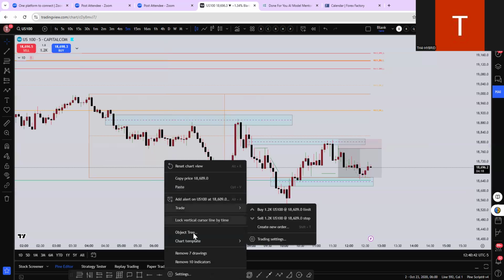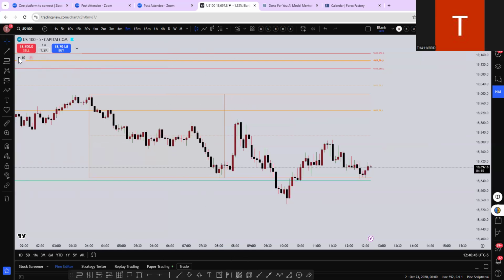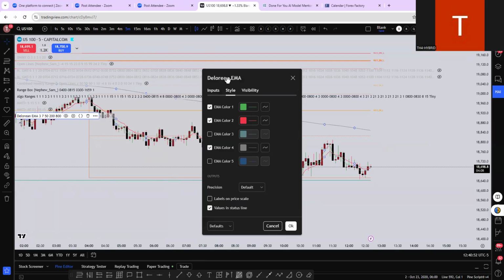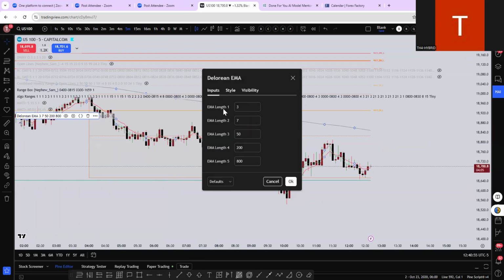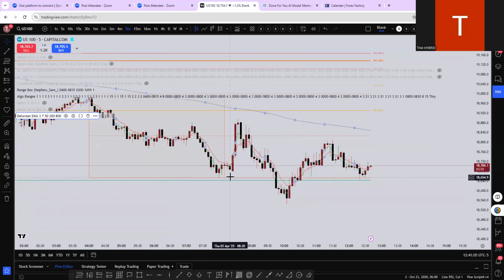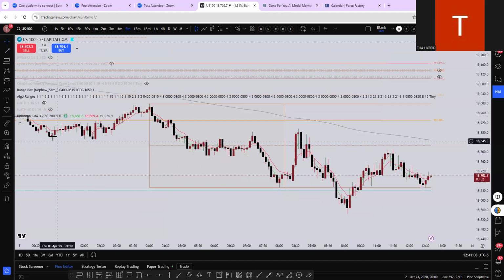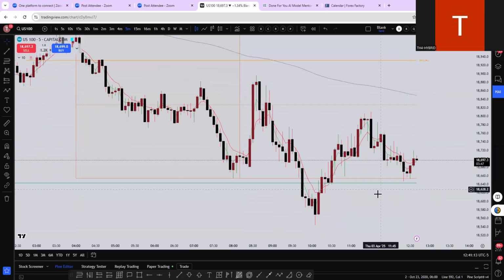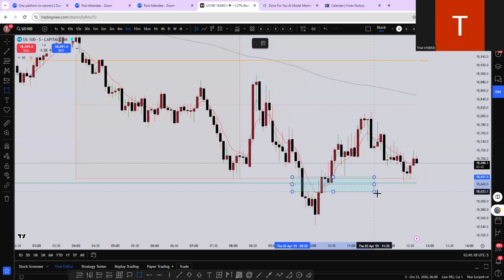So for fail-safe entries, you can use, I like this one, the DeLorean EMA, using the 3, the 7, and the 200. These are the settings for it, these three. Before you get used to entering as things are going down or as things are going up, you can look at the EMAs, but you're going to use them with your confirmations.